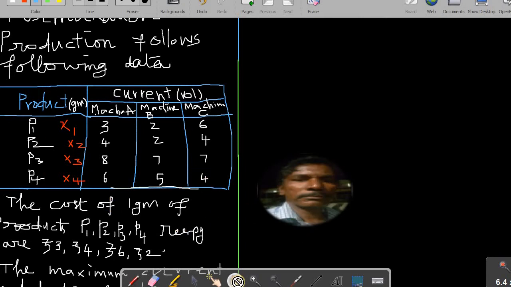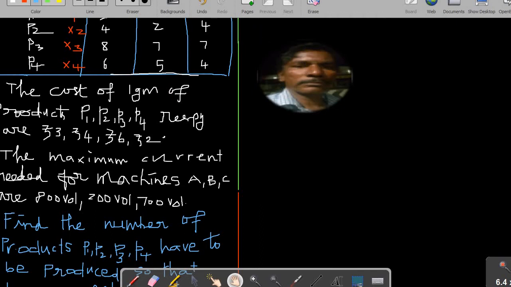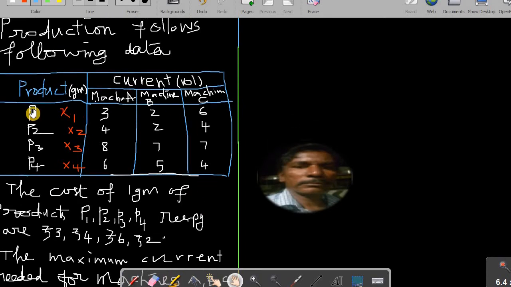Next one is about P1, P2, P3, and also look at that. The profit from the first product is given here as rupees 3. The profit from the second product is rupees 4.